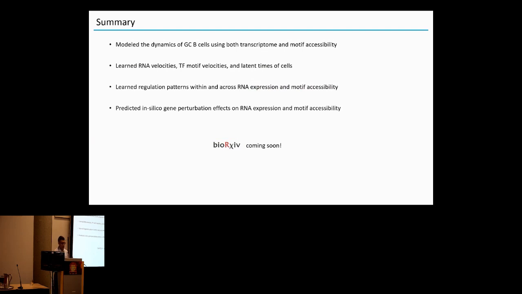We learned the RNA velocities, motif velocities, and latent times of the cells. We learned some regulation patterns within and across these two modalities. And finally, we predicted in silico gene perturbation and looked at the effects on RNA and motif accessibility. And the preprint is coming soon.